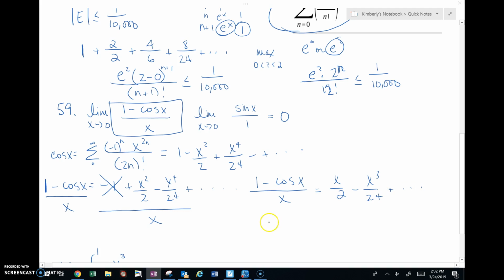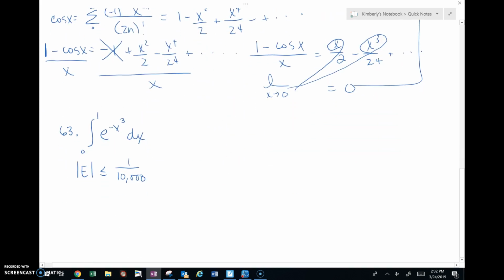And if I take the limit as x goes to 0, then won't all of our terms go to 0? And we knew that was the answer, and so that's pretty cool.